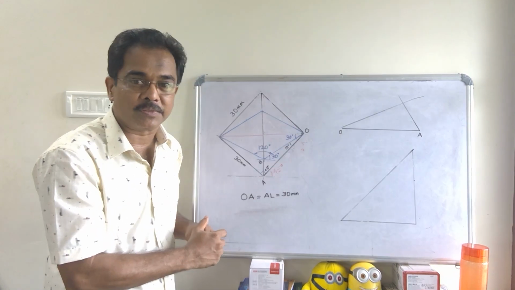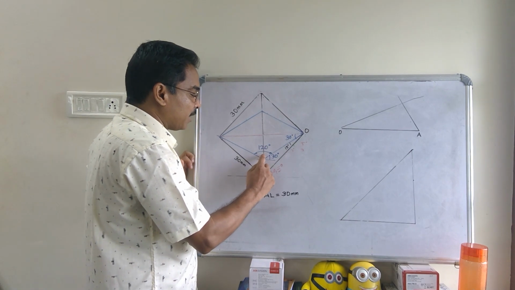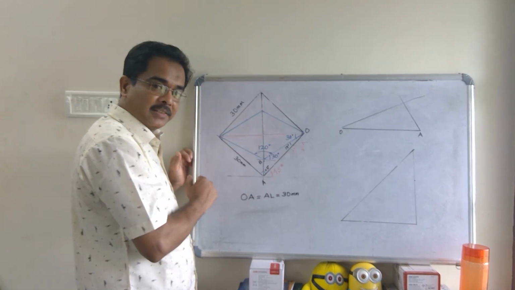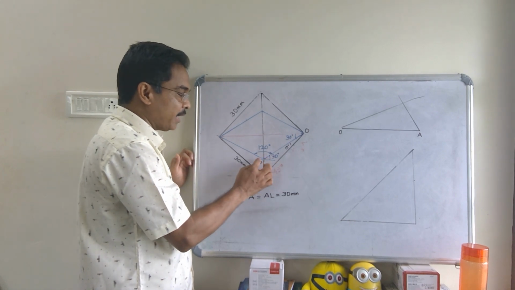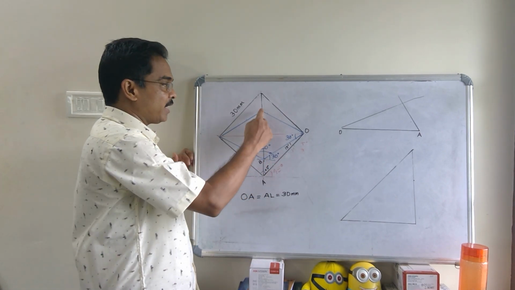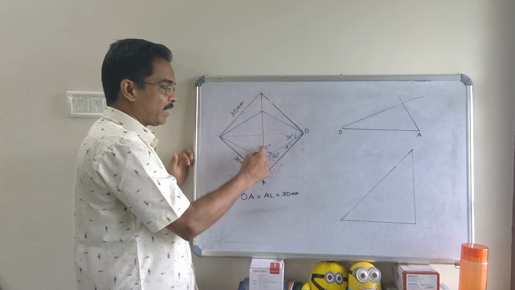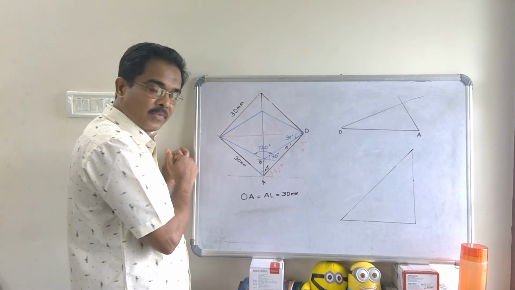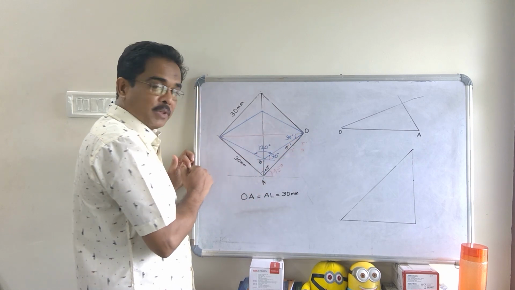How is it possible? Now we can see this figure. The angle is 120 degrees. This will be 30 and this is 30. So I can say that these are the isometric axes: z axis, x axis and y axis. How is it possible?